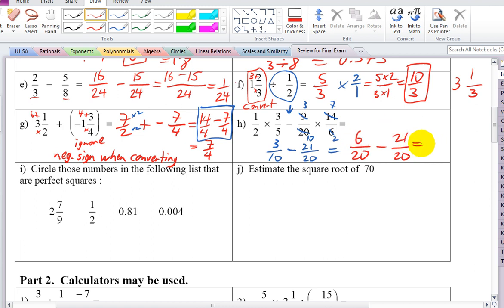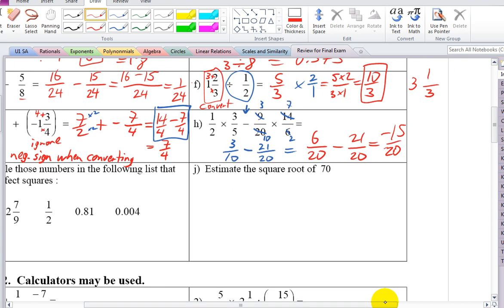Now we're going to get a negative answer. What are we going to get? How many people got that as a final answer? That better not be your final answer. Right? Divide them both by 5. Negative 3 over 4. Always reduce.